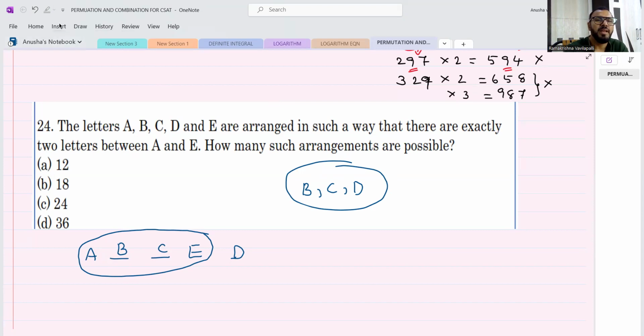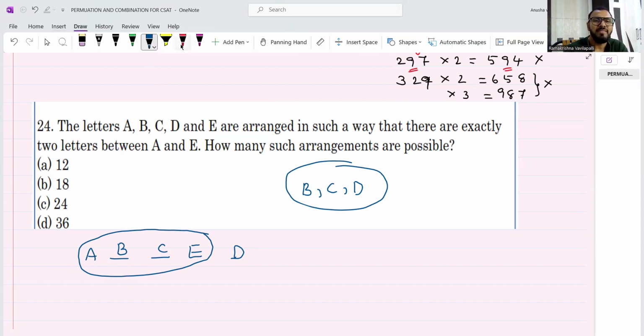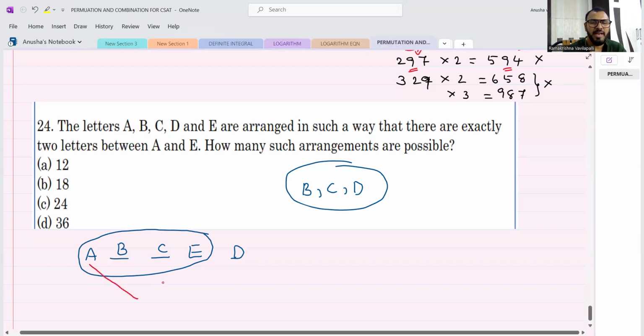Remember, now I will arrange A and E. They did not say that A is the first letter and E is the last letter.